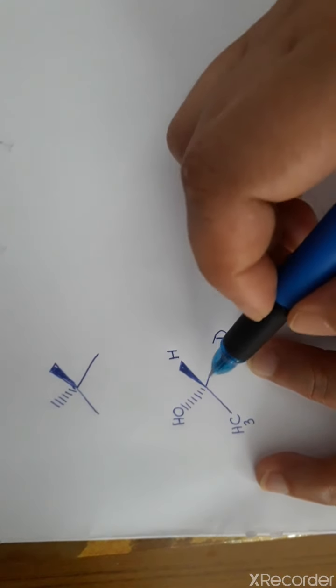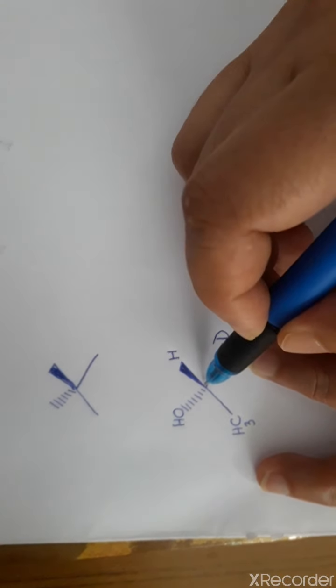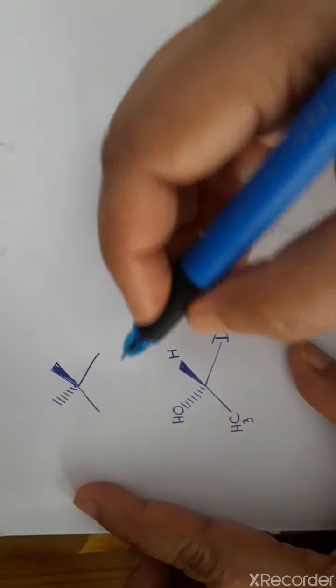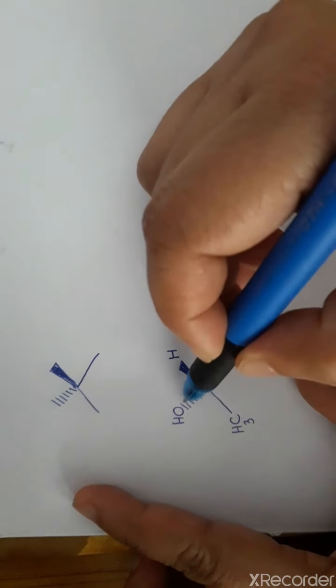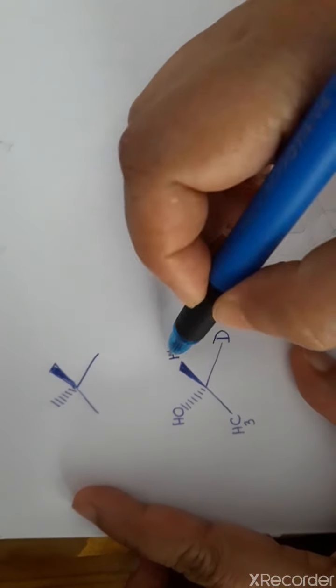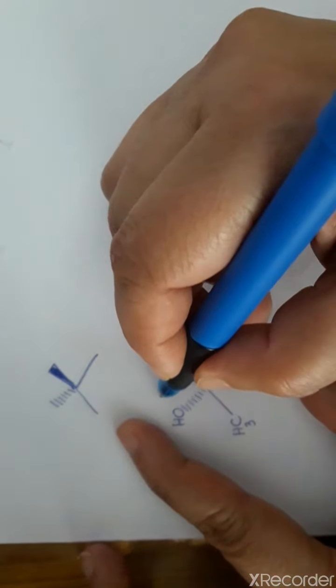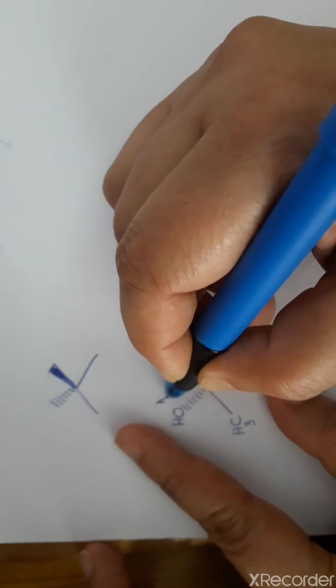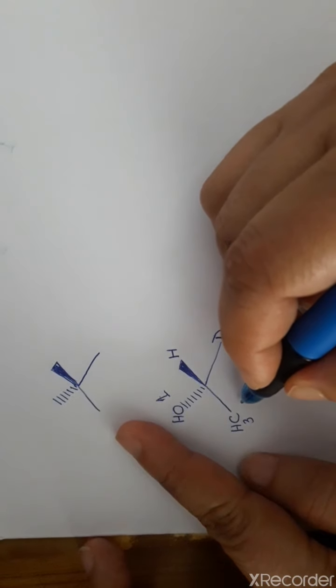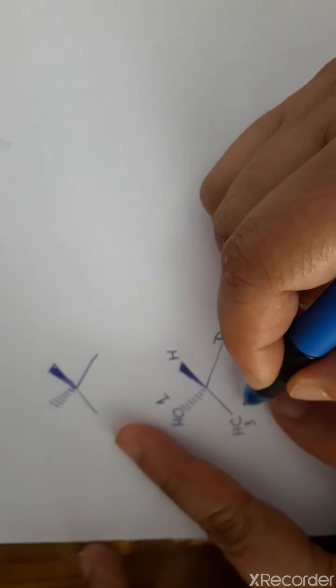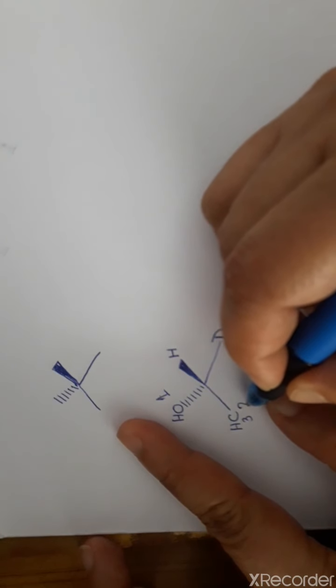Now let us see which atoms are directly connected to the chiral carbon according to the first rule of CIP. Yes, oxygen, carbon, hydrogen and deuterium, right? Then this oxygen will get the first preference, since its atomic weight is highest among the 4. Carbon will get the second.